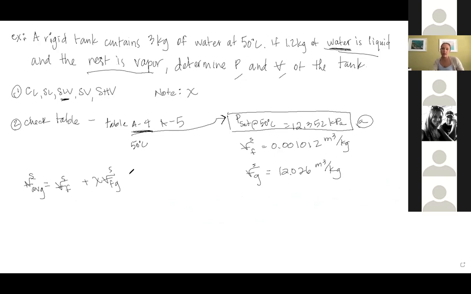And we know that the specific volume of our liquid vapor, there's so much nomenclature in this chapter, is equal to the specific volume of our vapor minus the specific volume of our liquid. So the specific volume of our liquid plus quality times the specific volume of our vapor minus the specific volume of our liquid.